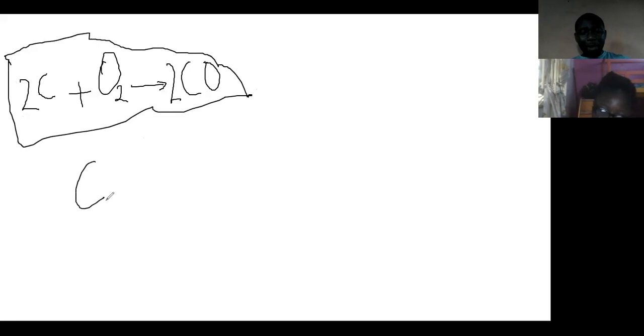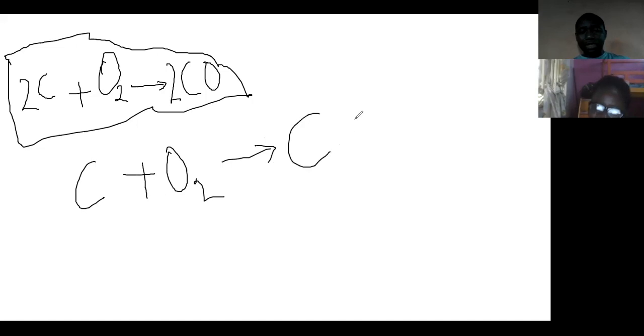But in abundant supply of oxygen, it releases carbon dioxide, CO2. So you should understand the differences between when carbon reacts in limited supply and in excess supply of oxygen. Very instructive: carbon 2 oxide and carbon 4 oxide.